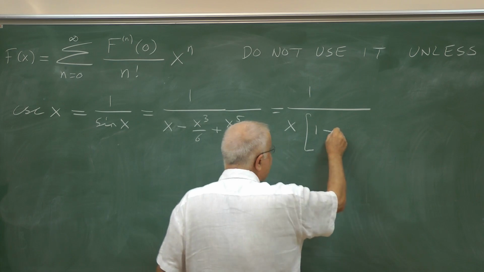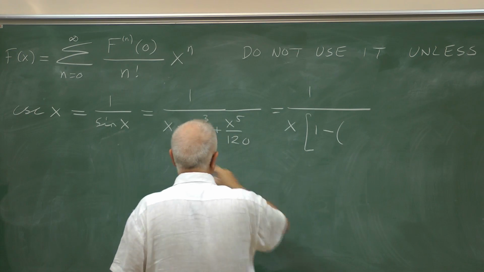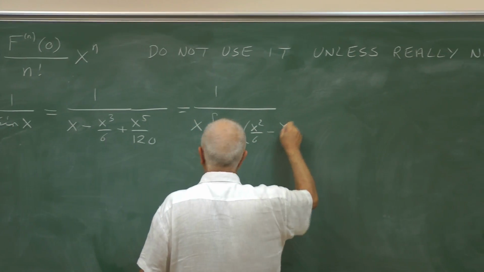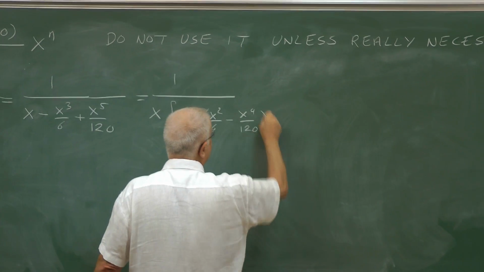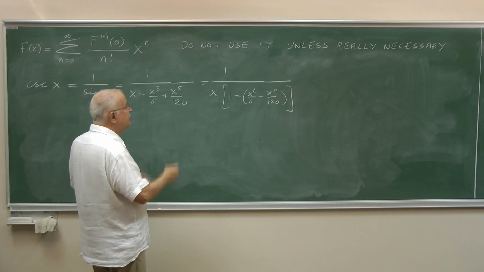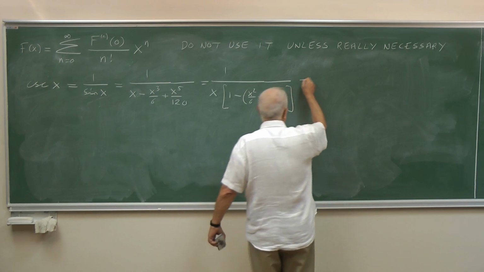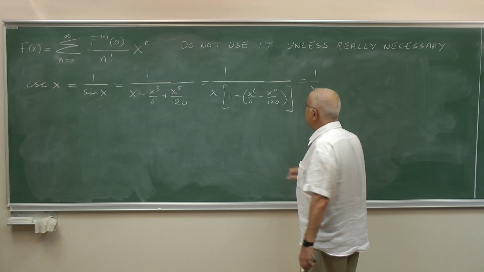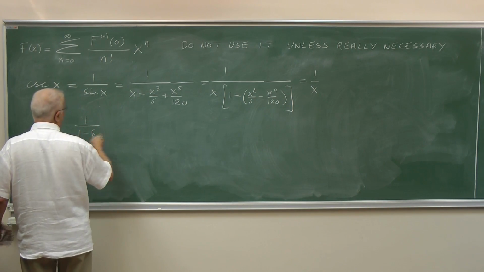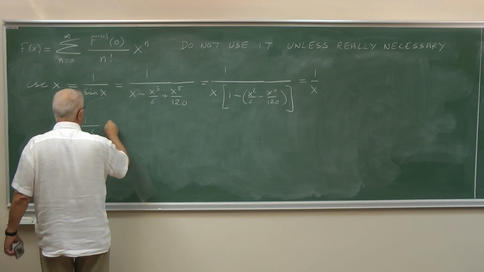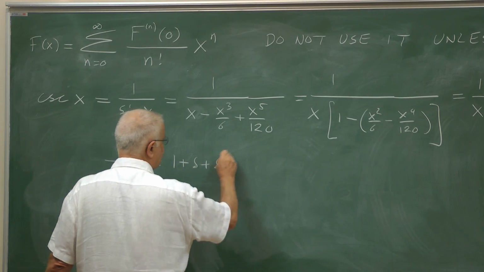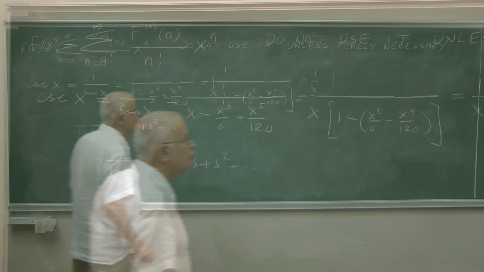Then minus x squared over 6 minus x to the 4th over 120. So it is the same approach. I'll have my 1 over x and 1 over 1 minus delta, hoping delta is a small quantity. Smaller than 1 is good enough. 1 plus delta square and other terms.